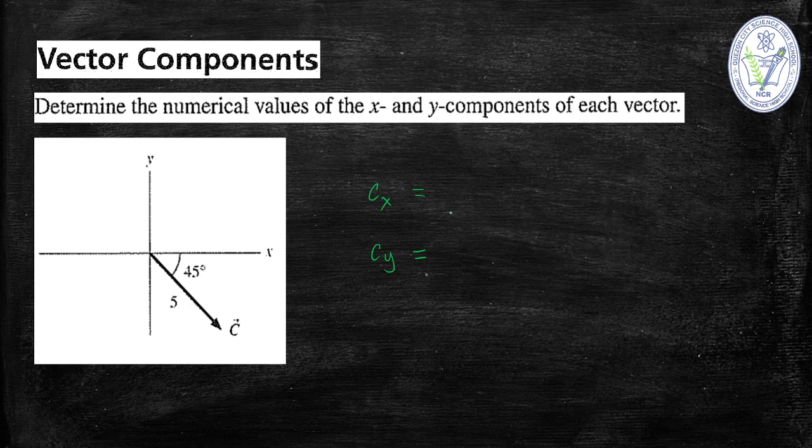Okay, so I hope we will have the same answer for this one. The answer for cx, or the x component, is 3.54, and for the y component is negative 3.54.